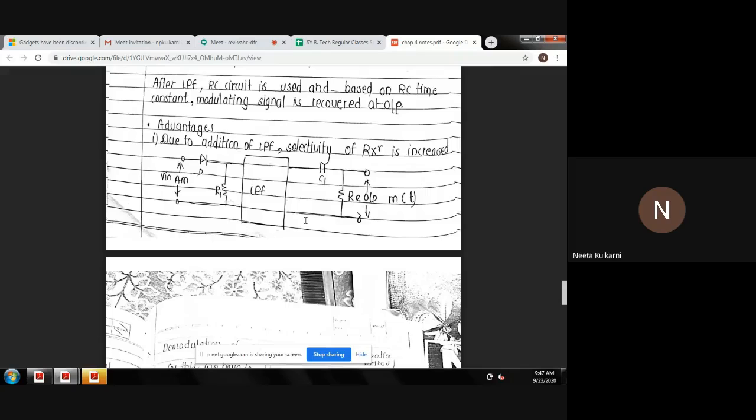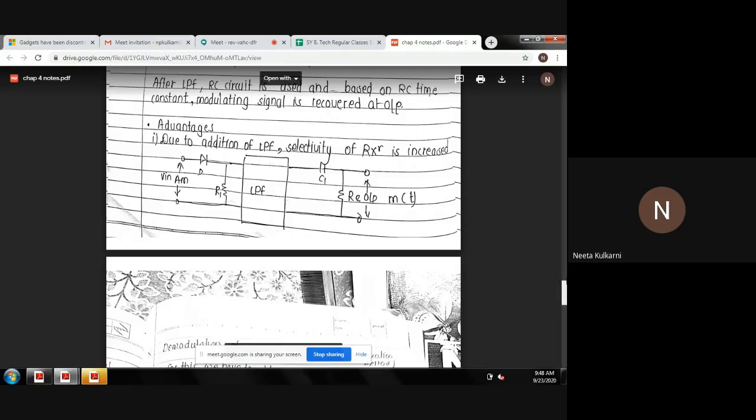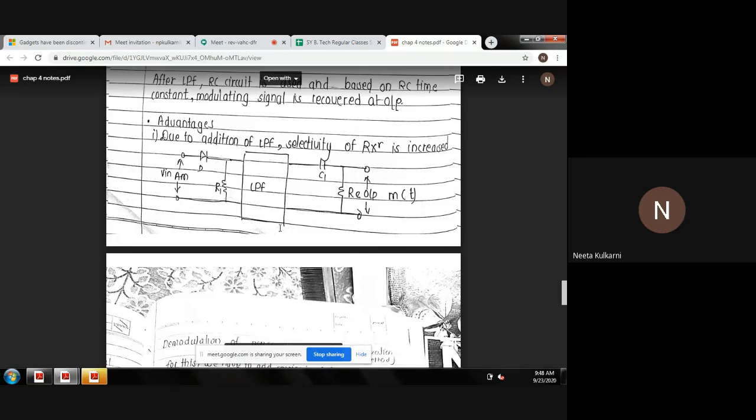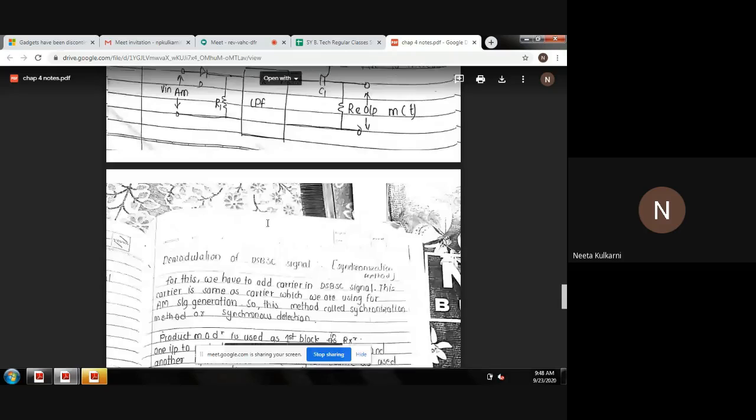Okay, so these are the two types of AM detectors. मग जर तुम्हाला AM detector वरती क्वेश्चन विचारला तर दोन्ही टाइप लिहायचे. You explain any one type, or if a particular detector is specifically asked, that detector you have to write. Okay, so this is about the AM detector. So I hope you are clear with the point.